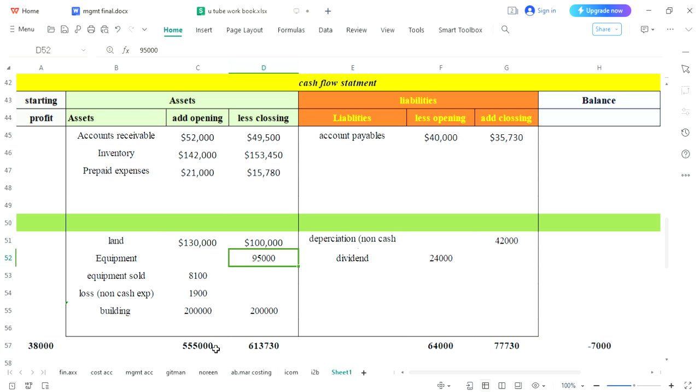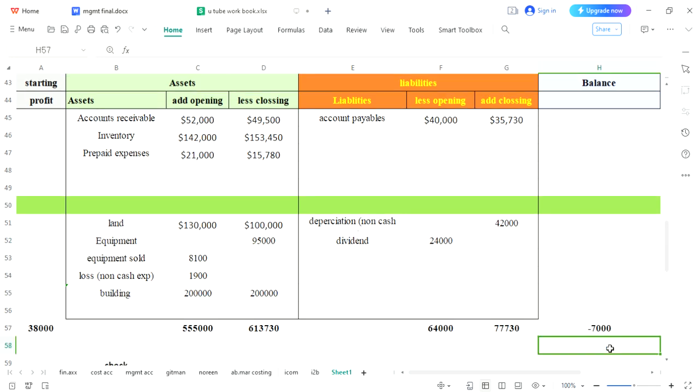So this is your sum. In the similar way, the sums of closing current and fixed assets, opening current and fixed liabilities, and closing current and fixed liabilities have been calculated. This asset side would be added in profit, which we have already written here. This would be added, subtracted, added, and you have got this answer: minus 7,000.